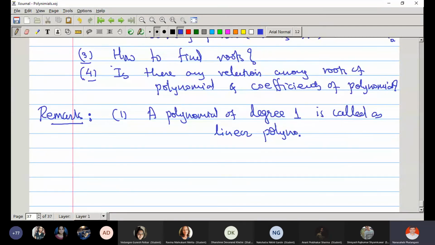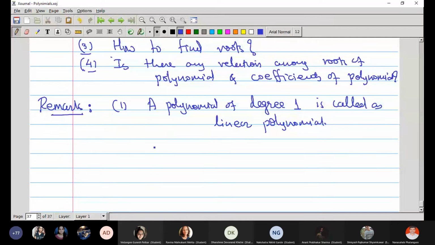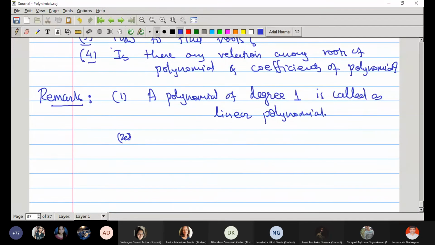Do you know this? A polynomial of degree 2 is called a quadratic polynomial.